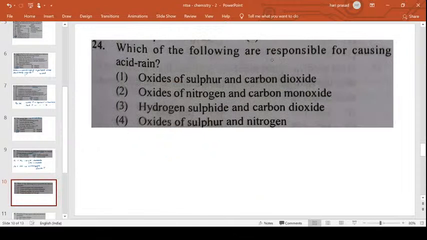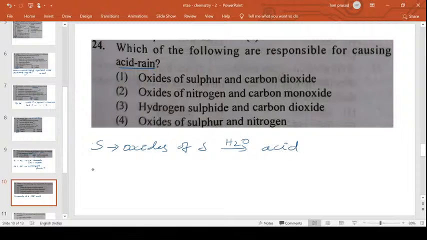Now, acid rain. Acid rain, in the sense, one is sulfur. Sulfur present in the fuels, due to combustion becomes oxides of sulfur. These oxides of sulfur with water give acid. This acid mixing with rain becomes acid rain.